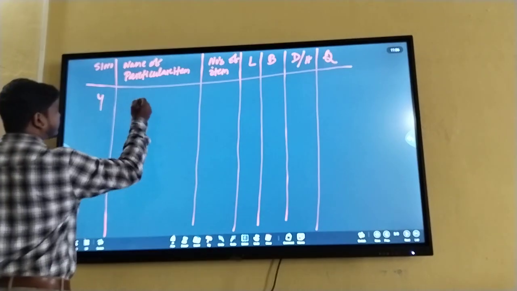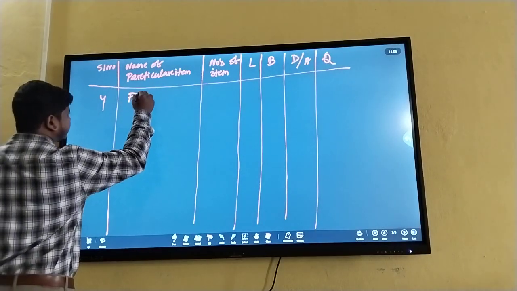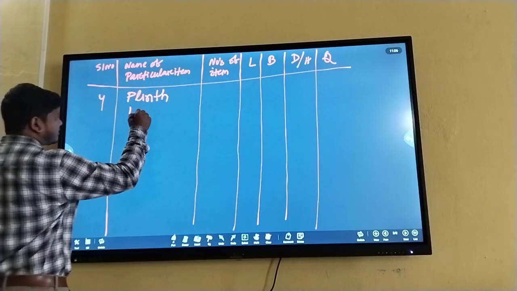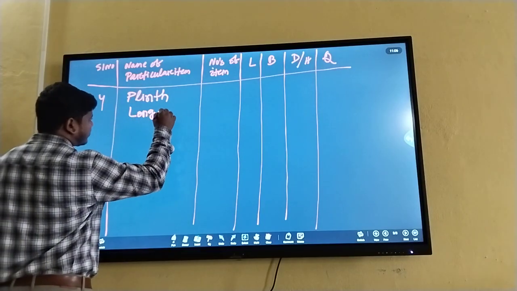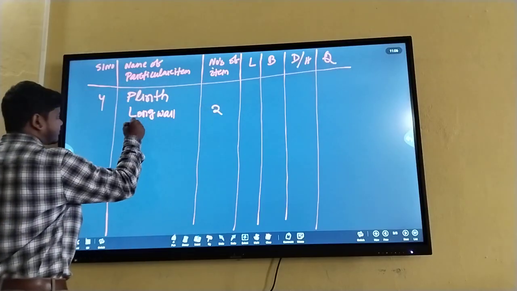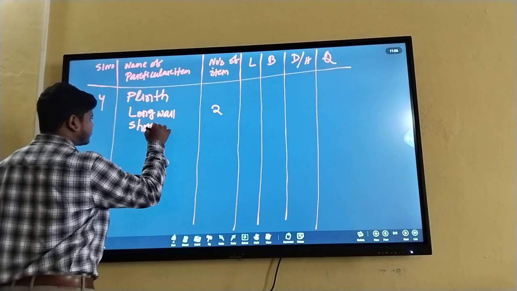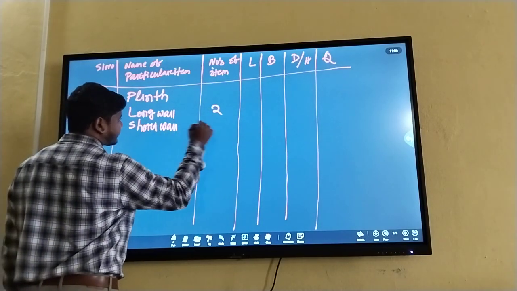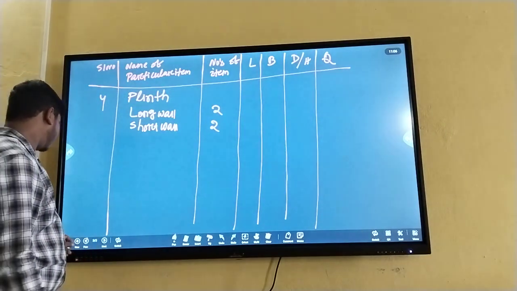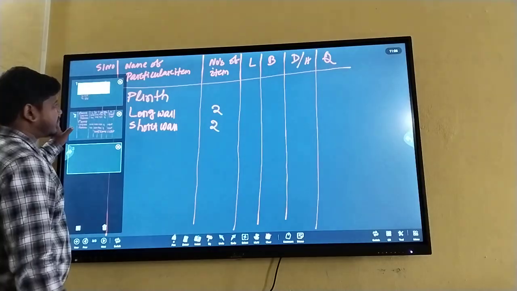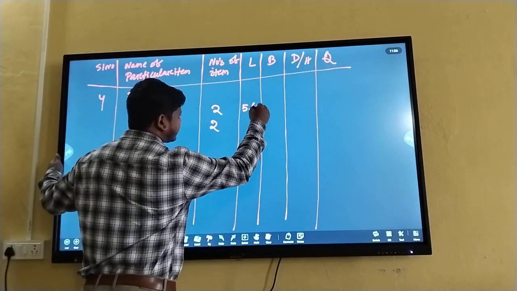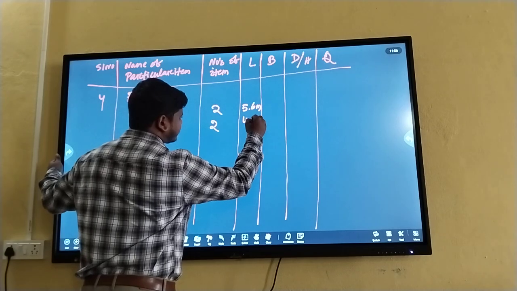The name of our particular item will be plinth, and its long wall will be two numbers, and short wall also two numbers. Then length for long wall is 5.6 meter, for short wall 4.0 meter.